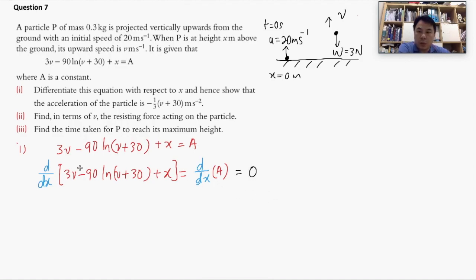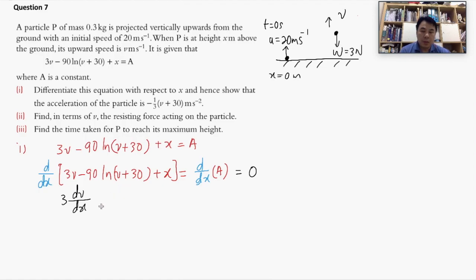And then next we're going to differentiate this now. So the differentiation for this will be 3 dv/dx. And then this one here, alright, now this one is tougher.